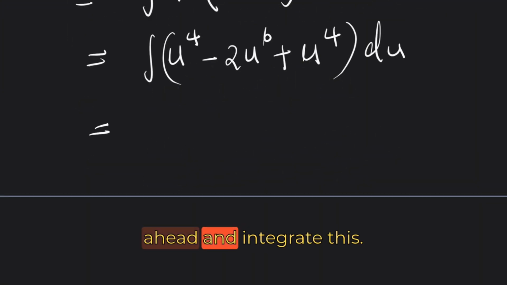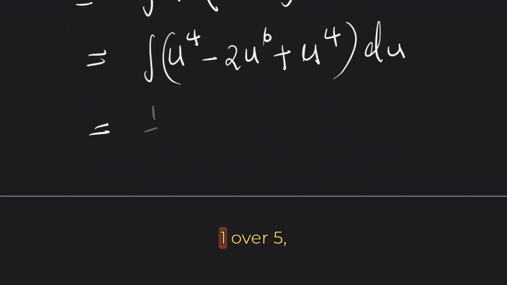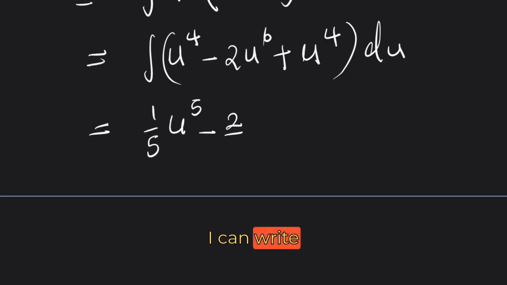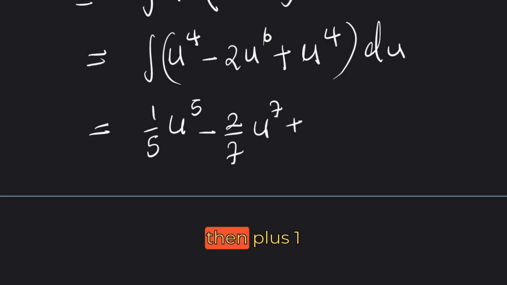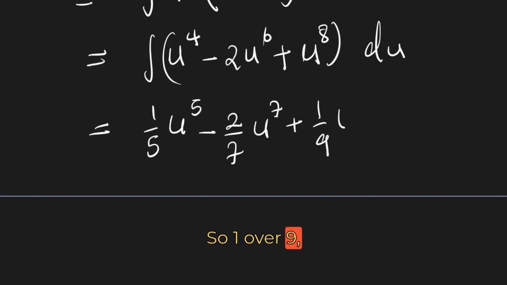So we can go ahead and integrate this. This is just 1 over 5 u to the power 5, then minus 2 over 7 u to the power 7, then plus 1 over 9 u to the power 9, then plus c.